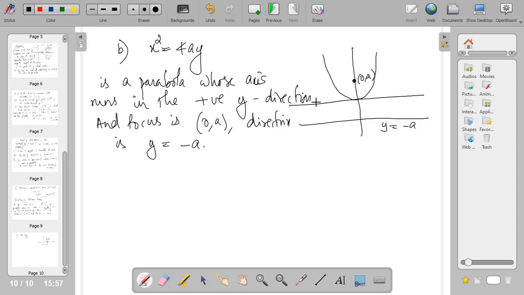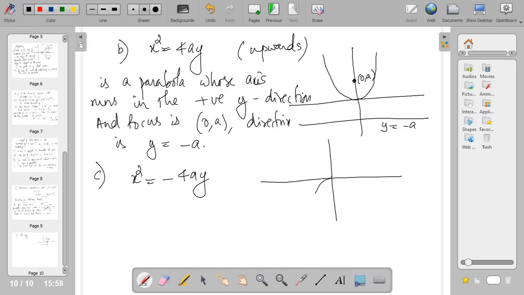So this is a parabola which is opening upwards, and the next parabola is x square equal to minus 4ay. So this will be the parabola which is opening downwards. So the focus will be 0, minus a, and the directrix will be y equal to a. So again the curve is along the negative y-axis.